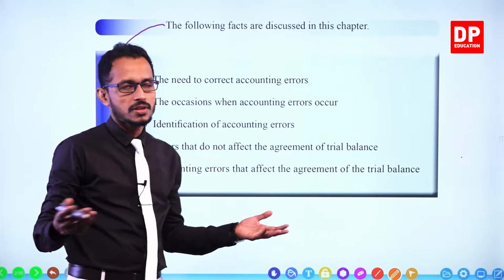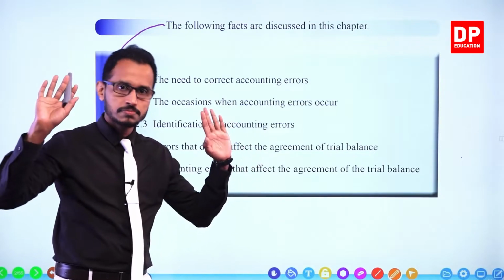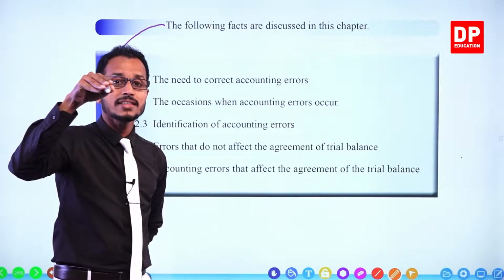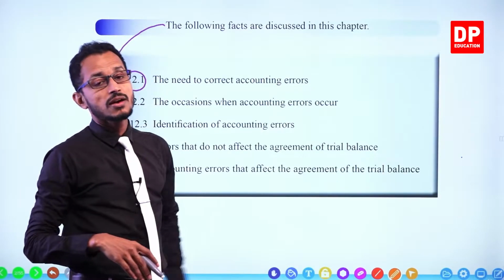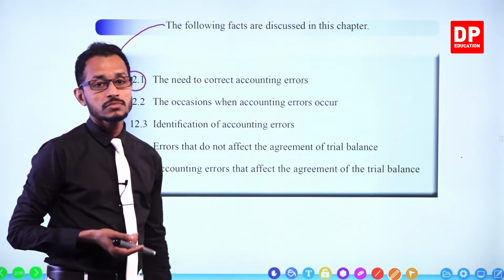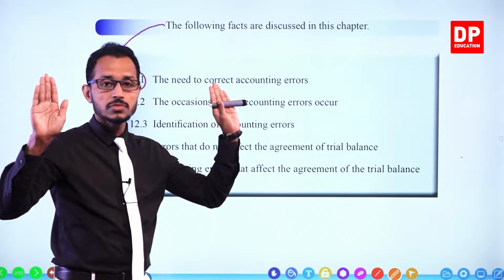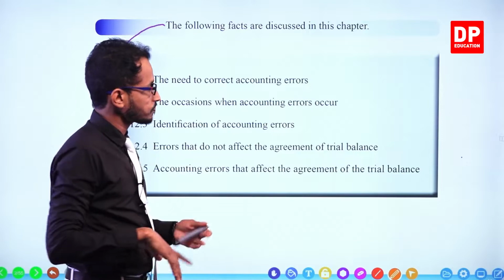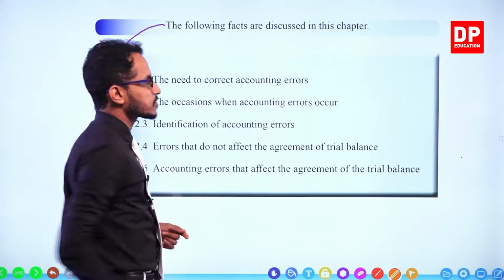If something has happened, an error, a mistake, a wrong thing, we need to correct it. We can't keep errors in our accounting records. No accounting errors can be tolerated. We need to correct them. So, the need to correct accounting errors.